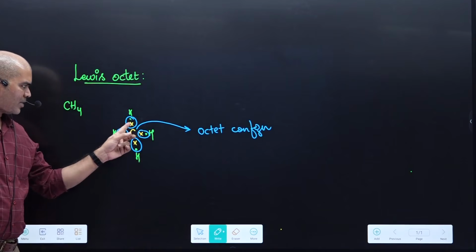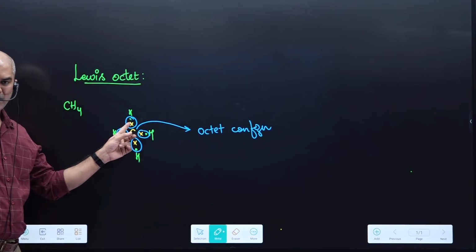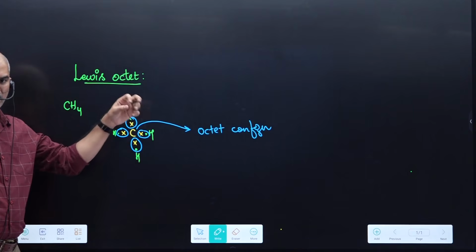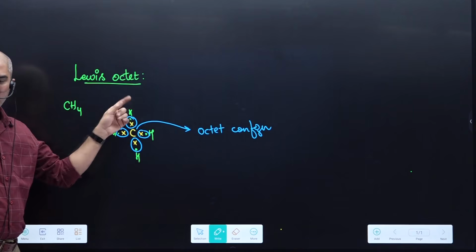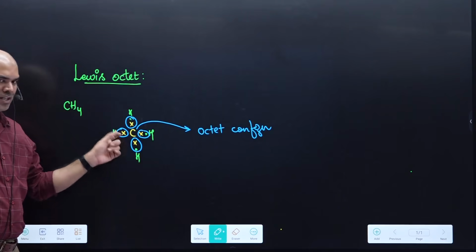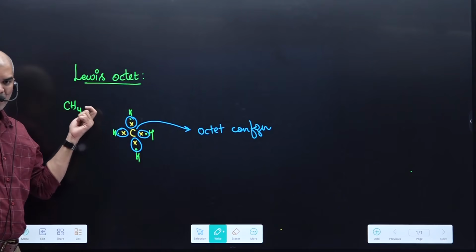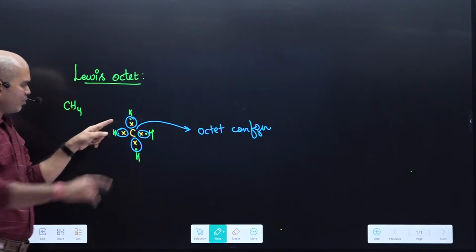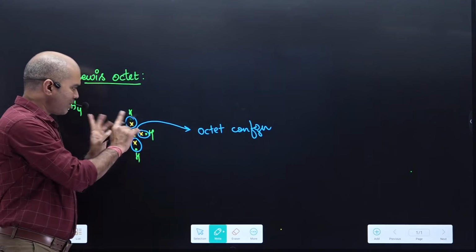If I consider hydrogen, hydrogen has 1 electron, and 1 more electron is taken from carbon. It is taking 2 electrons, the nearest inert gas being helium, so it is also found to be stable. So every atom is stable and therefore CH4 is also stable. There is no particular geometry.